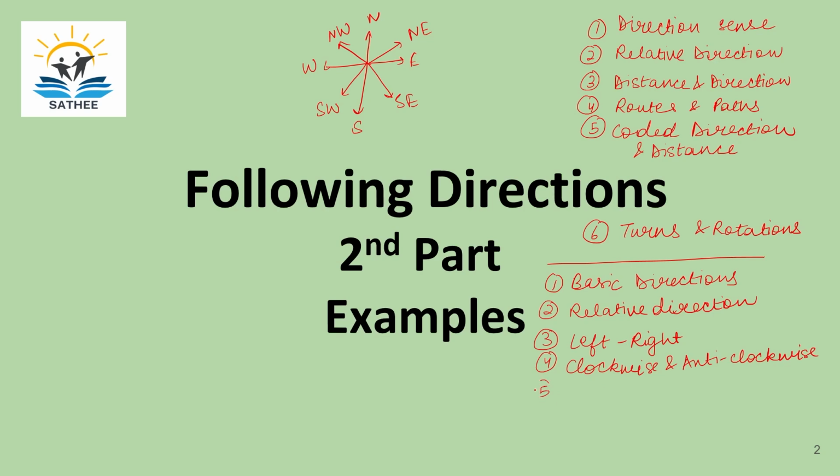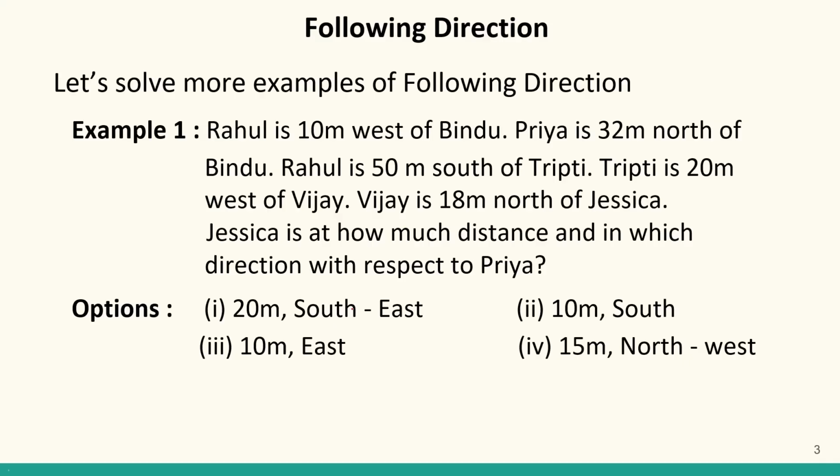Then we studied the concept of rotation. And then we studied the concept of Pythagoras theorem. So these 6 concepts are used to solve the questions on following directions. In today's lecture, we'll discuss the examples. So let us start with example number 1.